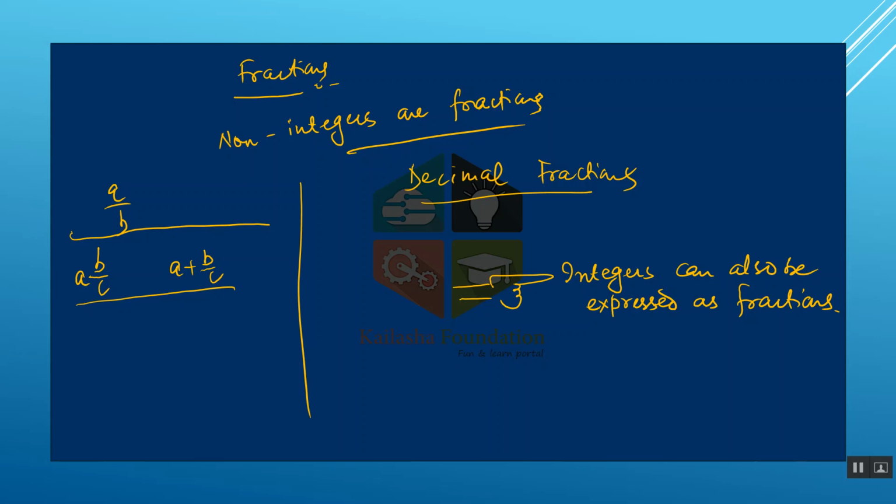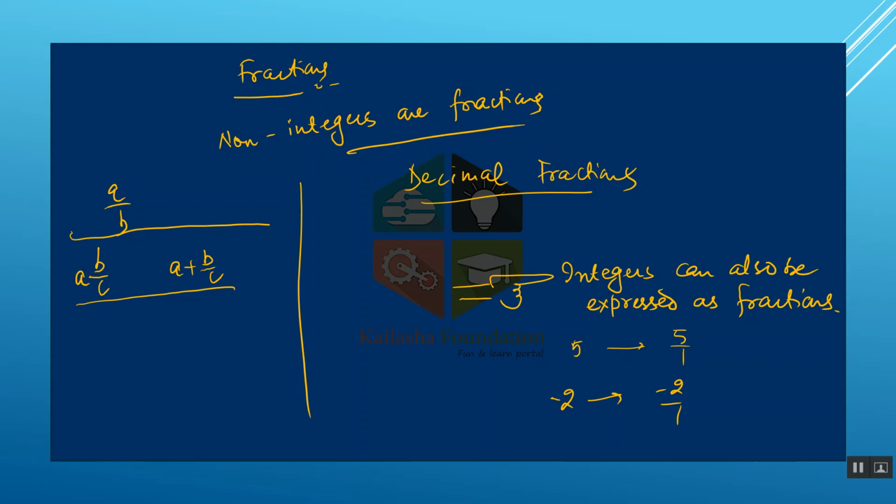Why, how? For example, we have 5. 5 can be written as 5 by 1. Minus 2 can be written as minus 2 by 1. So integers can also be expressed as fractions. Now, natural numbers, whole numbers, integers, fractions, decimals.